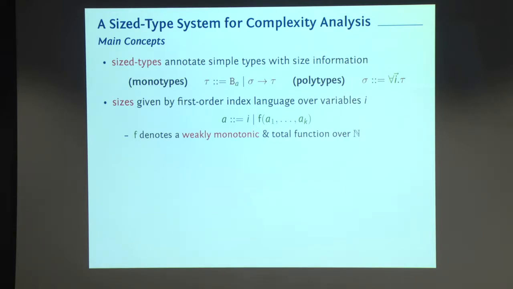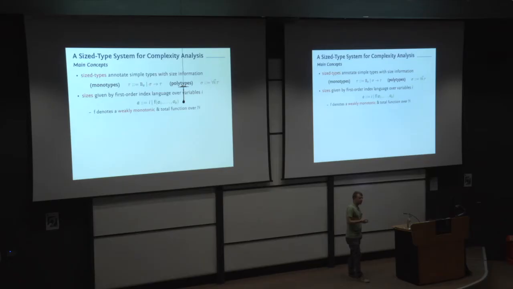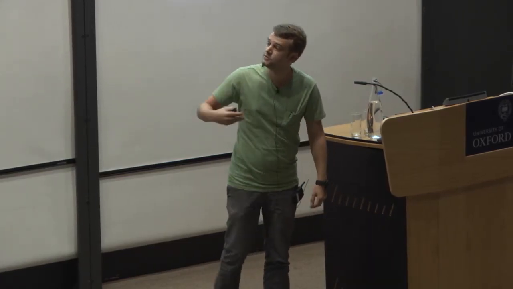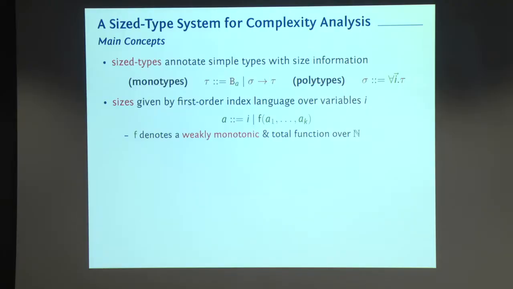Also, we assume that these simple programs are monomorphically typed for simplicity. Now, when I speak about polymorphism here, I mean that we can quantify over sizes. So you see here, quantification refers to quantification over size indices, and these can happen possibly very deep inside a type.